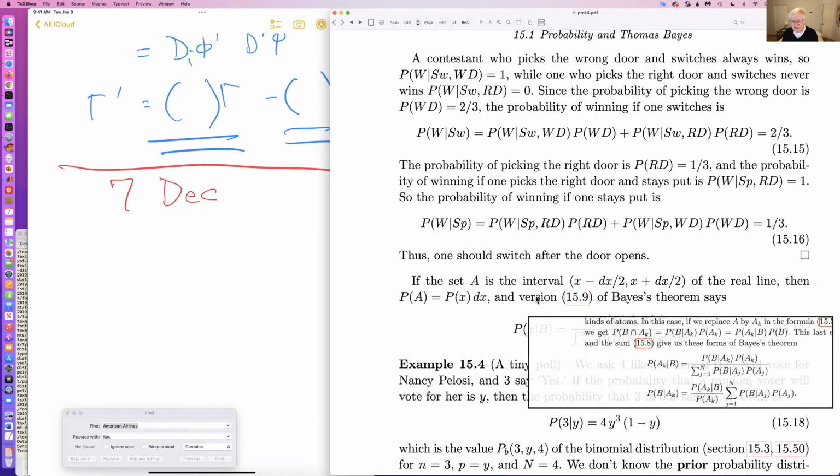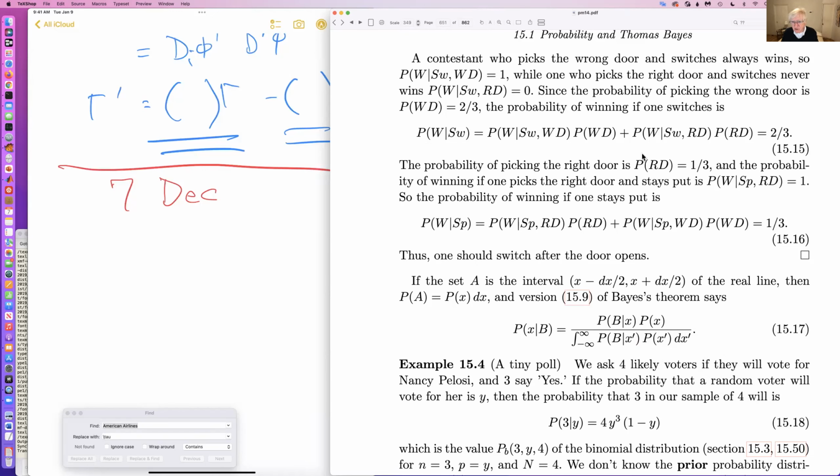So suppose now the set A is... Here we've been thinking of events that are discrete; the outcomes are all discrete, sets of outcomes are discrete, and so we're in the kind of mathematics that children understand.